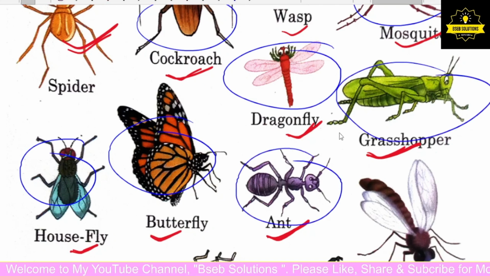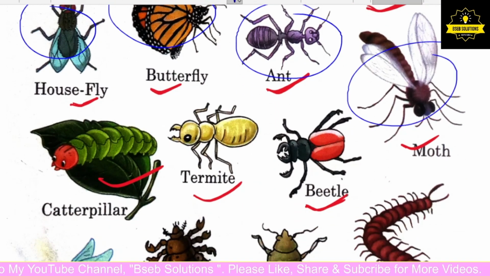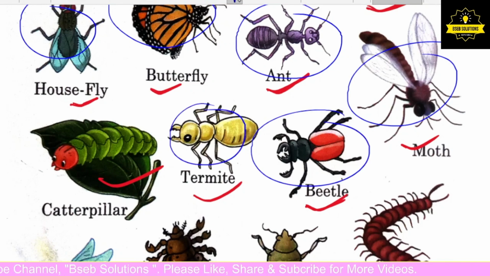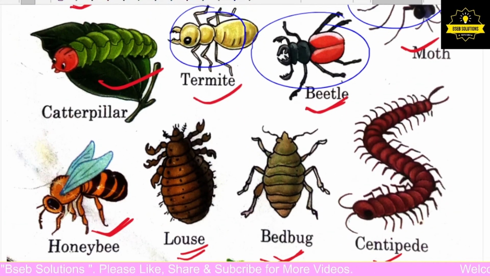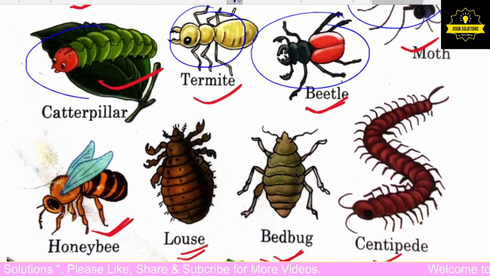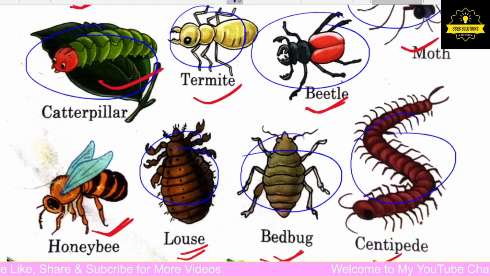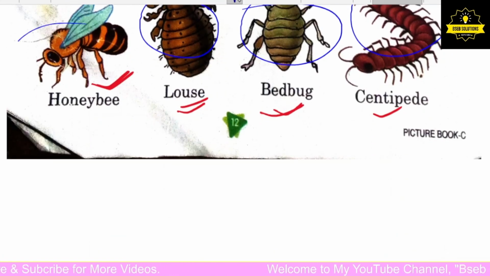Ant. Moth. Beetle. Termite. Caterpillar. Louse. Bedbug. Centipede. Honeybee.